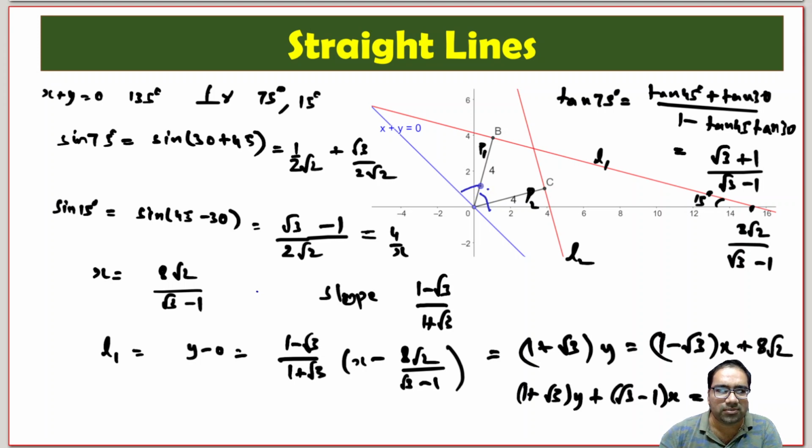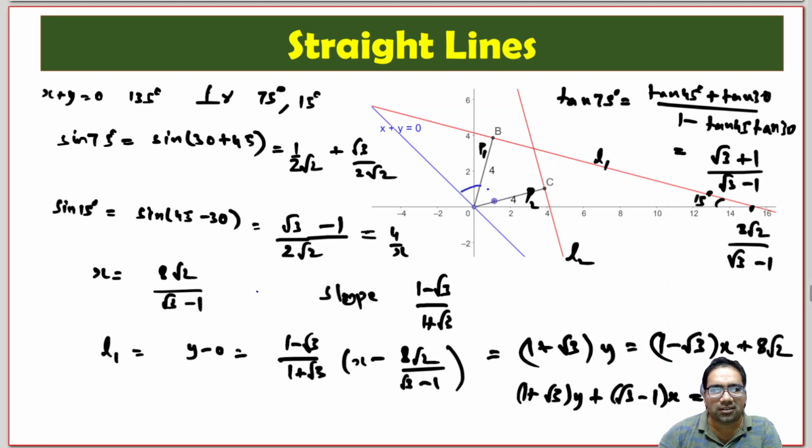Because this has to be 60 degrees and the total is 135 degrees. So this part should be 75 degrees. And if this angle has to be 60 degrees, because this is also a perpendicular, and it has to make an angle of 60 degrees with this line, it could make 60 degrees on this side or on this side. If it is on this side, then this is 45 degrees, so this remaining part is actually 15 degrees.